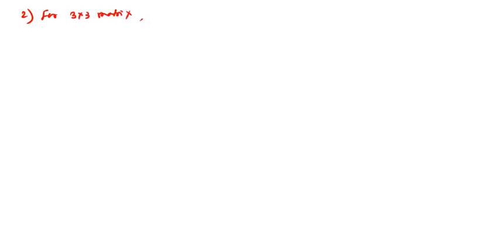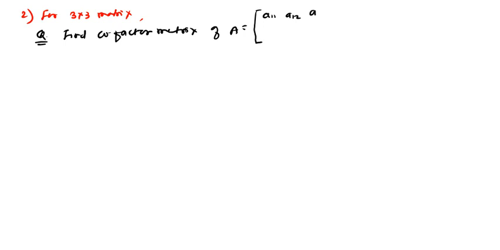Okay, so suppose question we will write. Question, find cofactor matrix of matrix A. Suppose A11, A12, A13. Okay, this will be A21, A22, A23, then this will be A31, A32, A33.